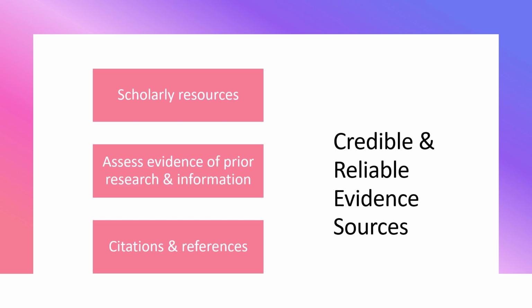Examples may be the Agency for Healthcare Research and Quality, the Cochrane Database of Systematic Reviews, the Cumulative Index of Nursing and Allied Health Literature, or CINAHL, and Google Scholar.